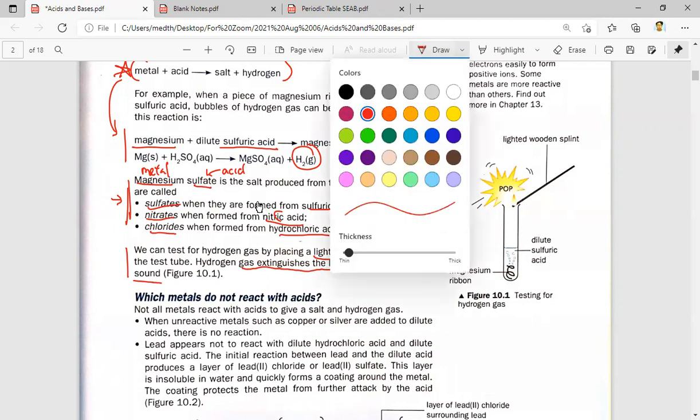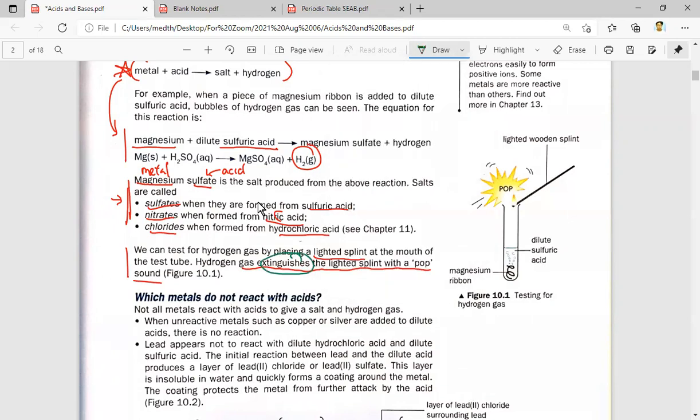Most students will tend to forget the words extinguish the lighted splint. So you must remember the words that are circled in green because these are the words that tend to be forgotten by students. Most will just remember pop sound. But you must take note, the gas will actually extinguish the lighted splint with a pop sound.